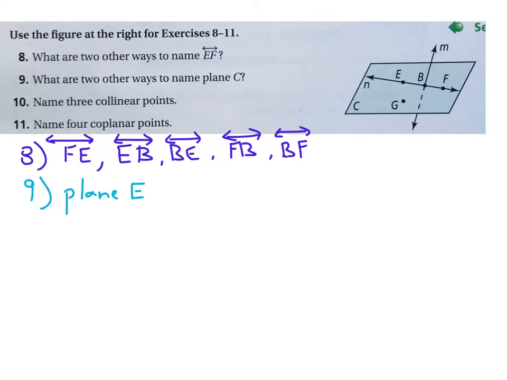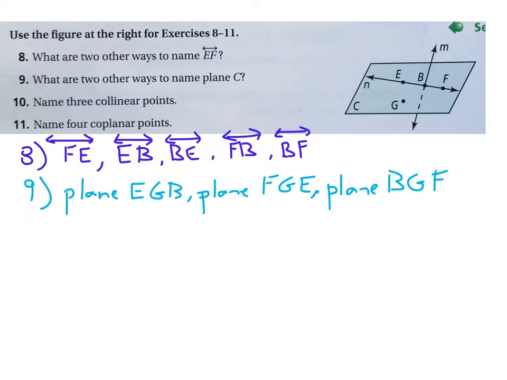We could say plane EGB, or plane FGE, or plane BGF. Of course, you could reverse those letters into different orders, all of that. Those are just some of the possible answers.